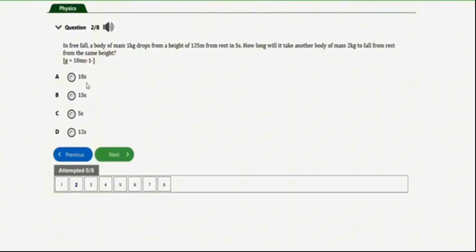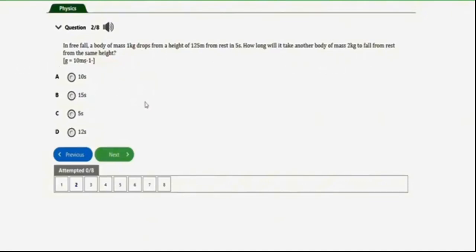Looking at this question, it's just simple physics logic to apply. The correct option will be 5 seconds as well. It will take the body of mass 2 kg 5 seconds to fall from rest from the same height.